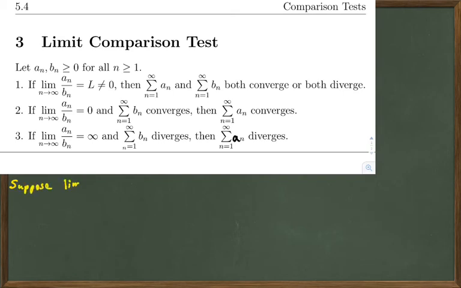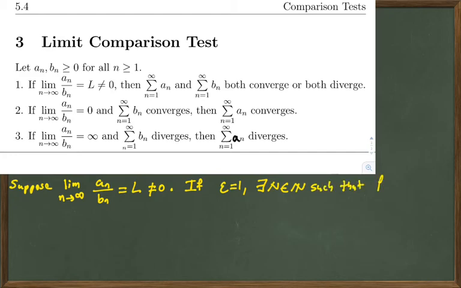So to get an idea of how it works, we're going to suppose that the limit as n goes to infinity of a sub n over b sub n is equal to L, and L is not equal to 0. So if we say epsilon is equal to 1, then there exists a natural number capital N such that for all lowercase n greater than or equal to uppercase N, 0 is less than a sub n over b sub n, which is less than L plus epsilon, or L plus 1, which is your epsilon.